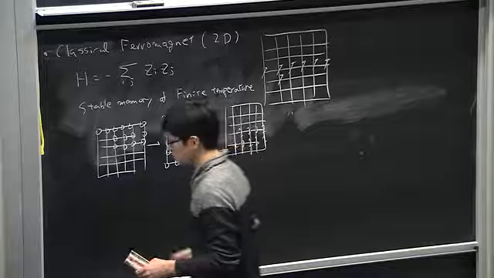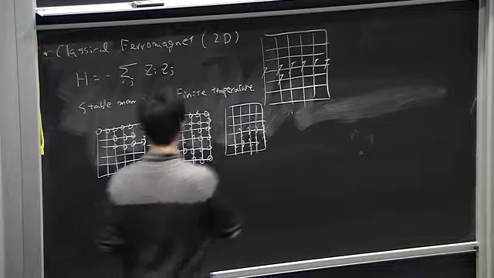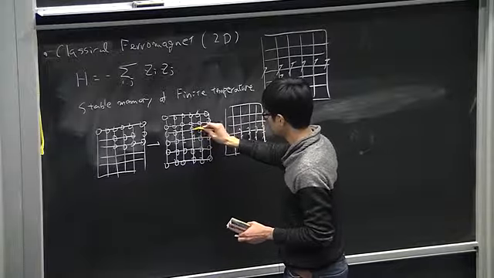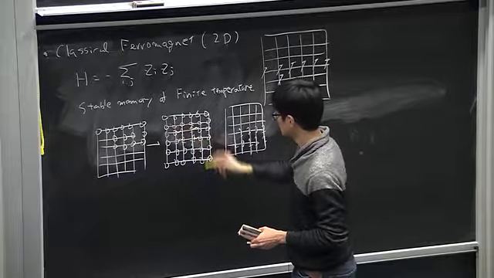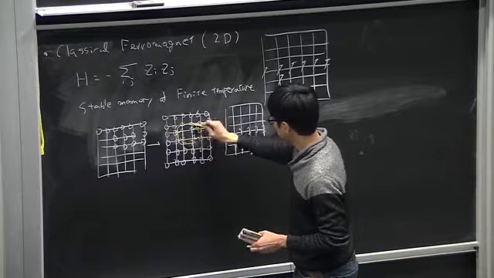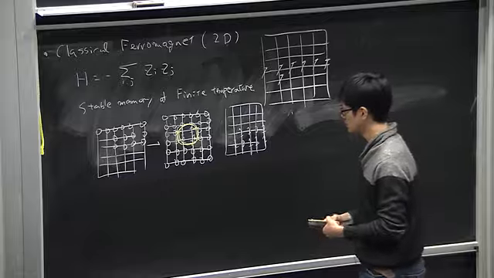But now this configuration costs a lot of energy, because here you have violation, here you have violation, violation. So along these lines, you have energy violations.